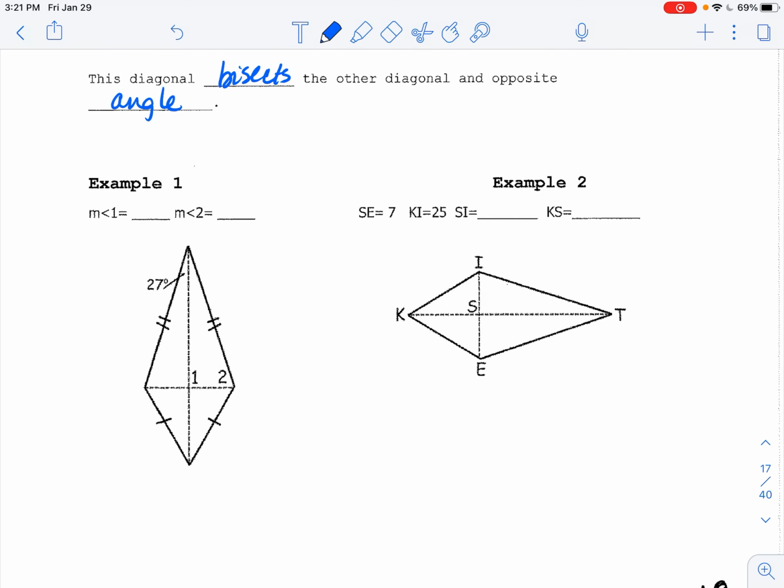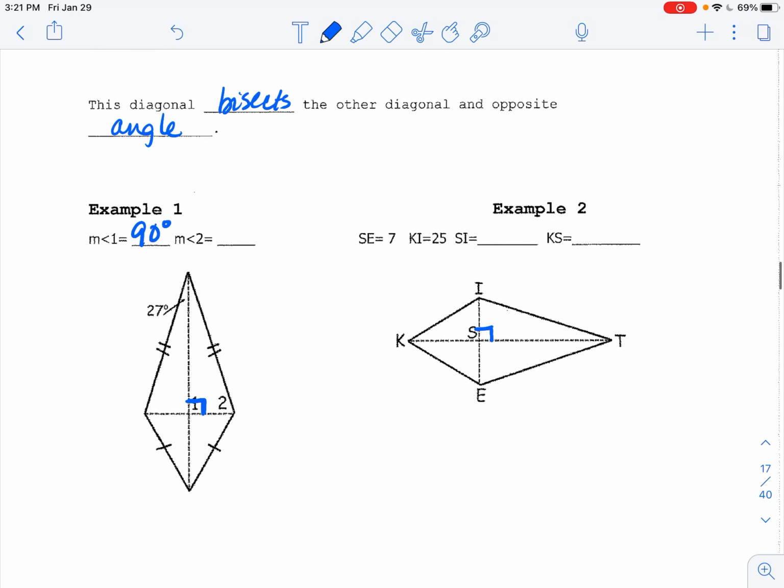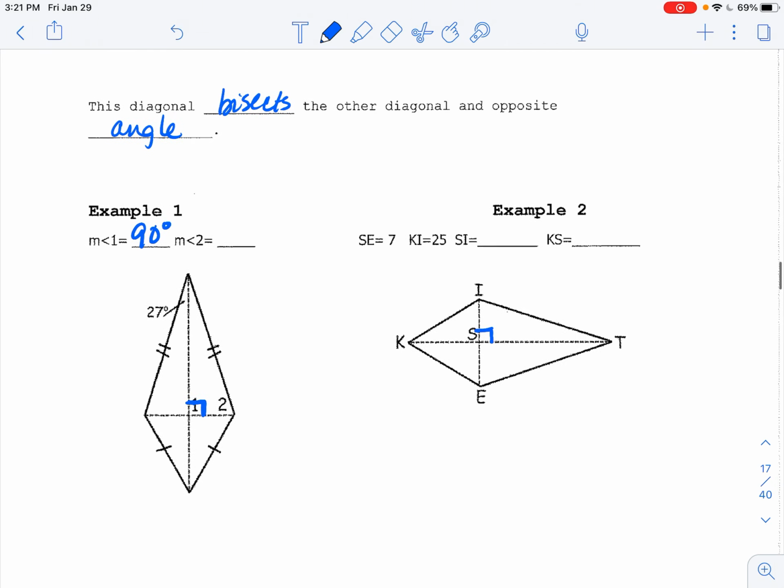Let's take a look at an example. If our diagonals are perpendicular, then these are going to meet at a right angle. So that's example one, measure of angle 1 is 90 degrees. Now the measure of angle 2, let's see what we know. The diagonals are perpendicular. One of the diagonals serves as the line of symmetry.